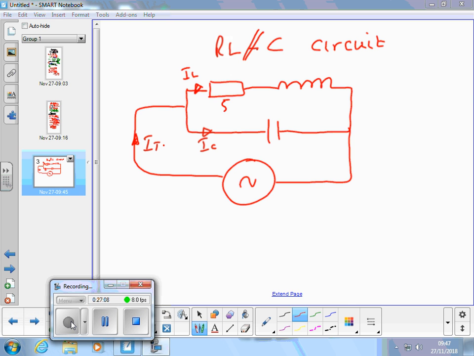The resistance of the inductor is 5 ohms, XL is 10 ohms, and XC is 15 ohms, with 60 volts. Again, no frequency needed because you've been given the reactances and not the component values.